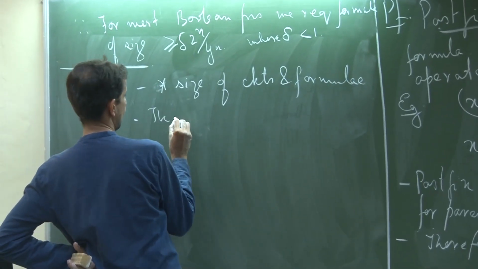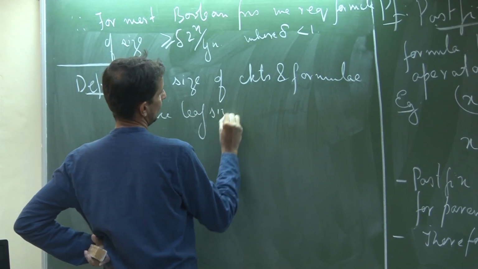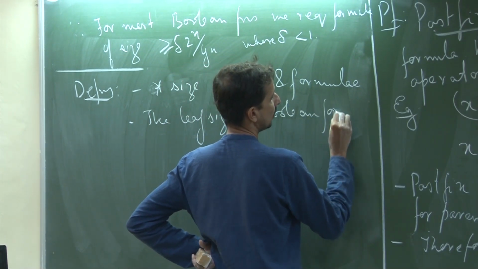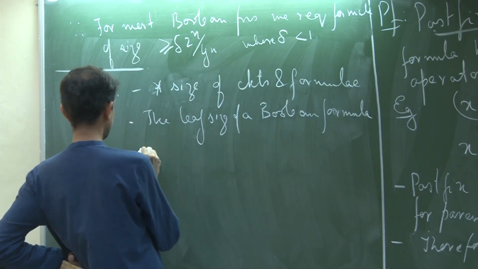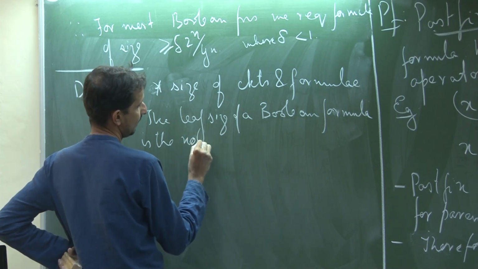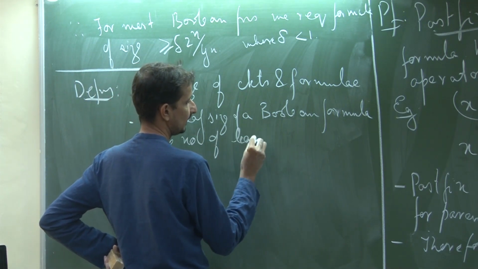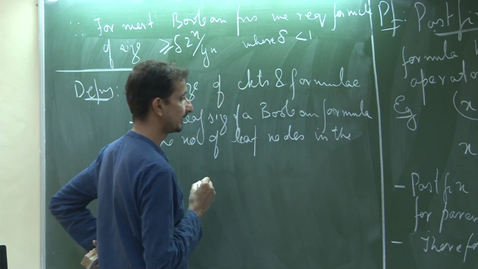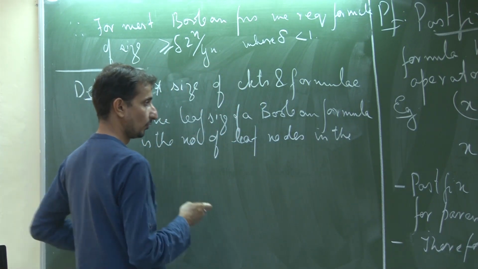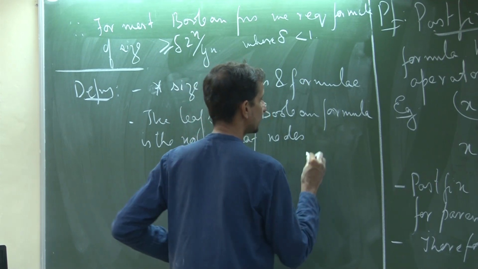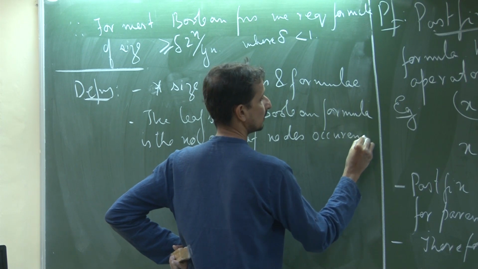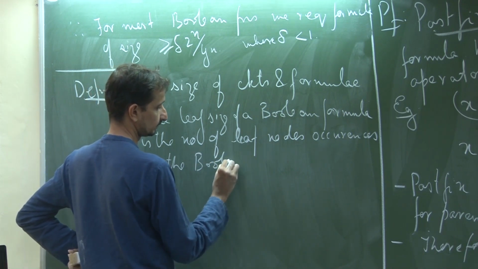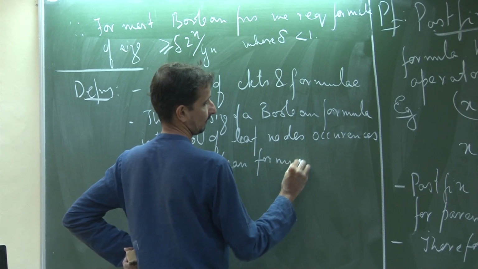The leaf size of a Boolean formula is the number of leaf node occurrences in the Boolean formula.